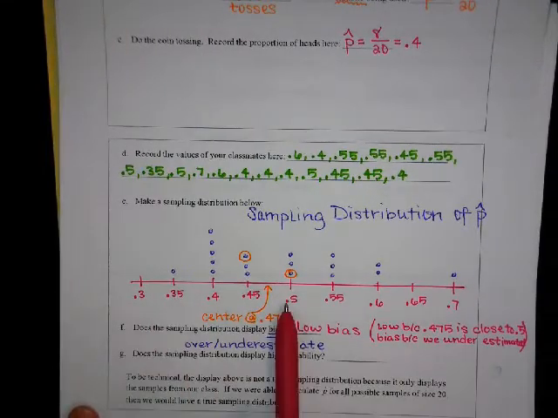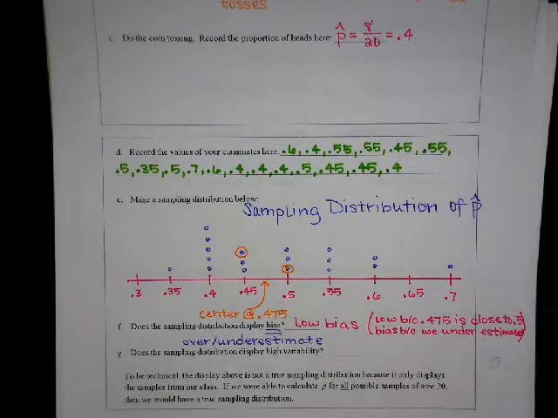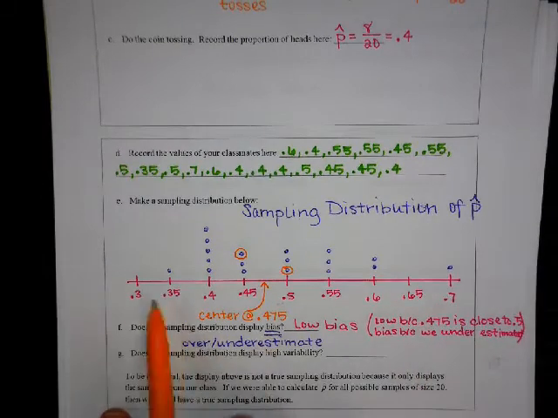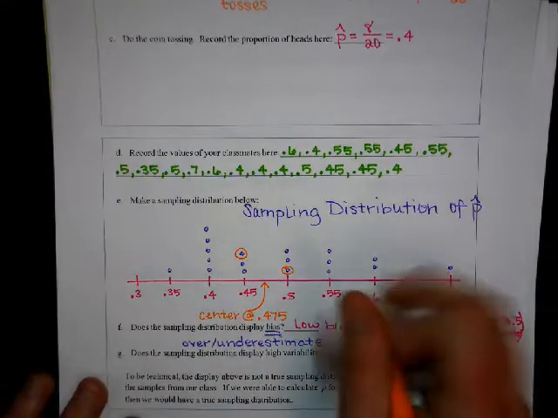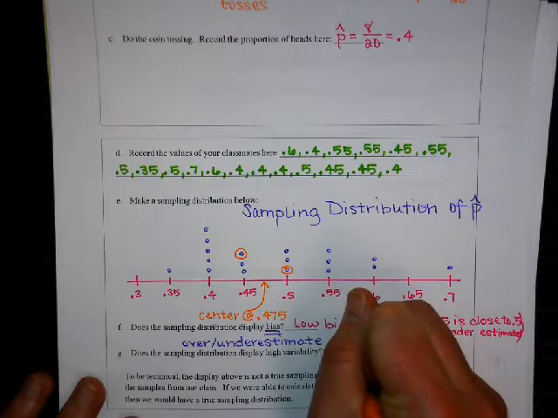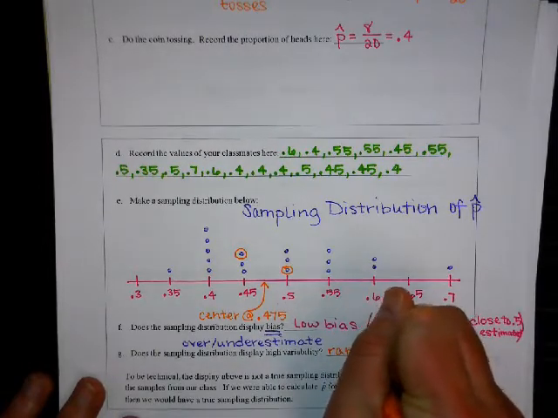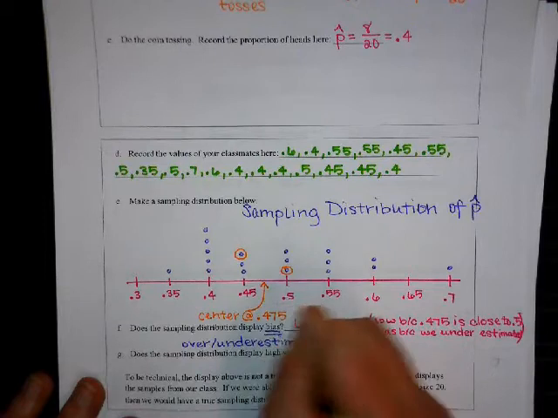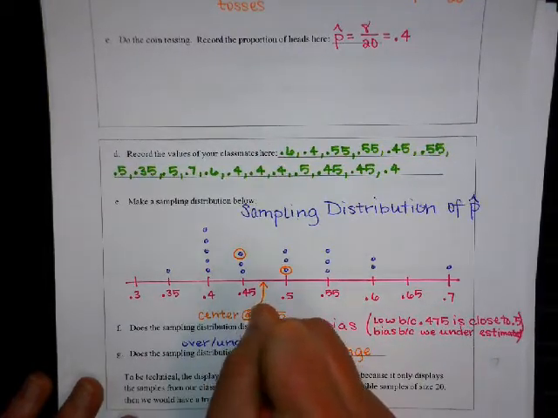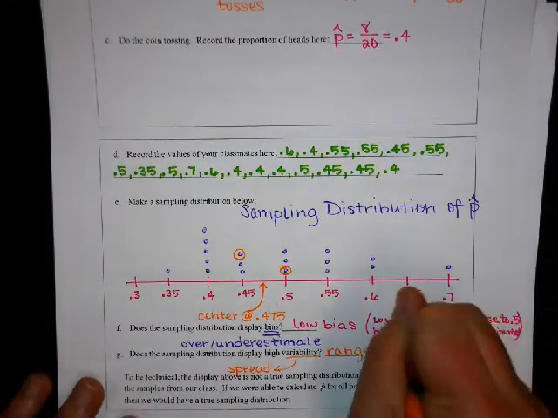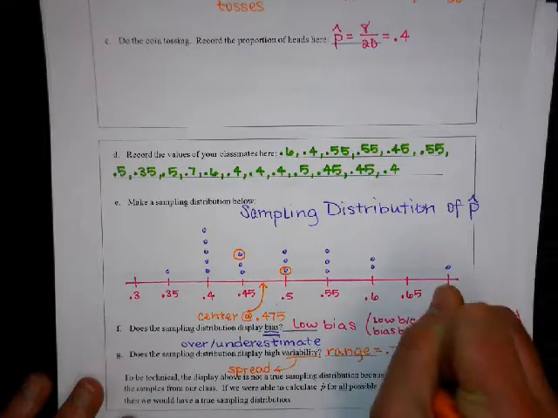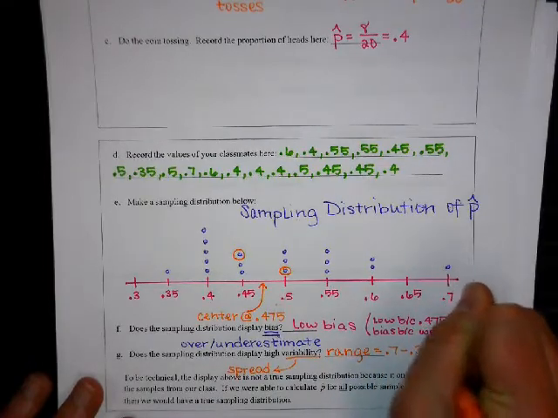So I wouldn't say high variability, but we definitely have some moderate variability because we do have quite a range between our proportions. Variability, just remember, tells us about the spread. So if we look at our range, 0.7 minus 0.35, we get 0.35. So I would say moderate variability.